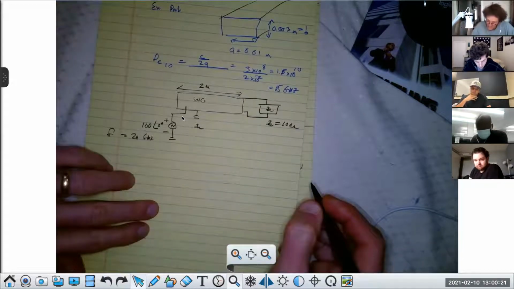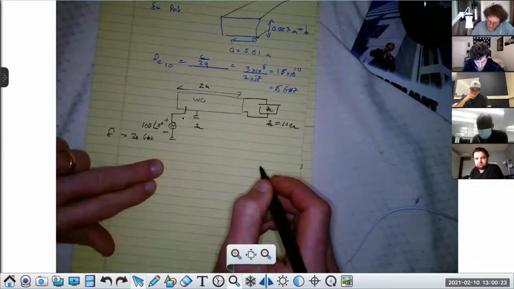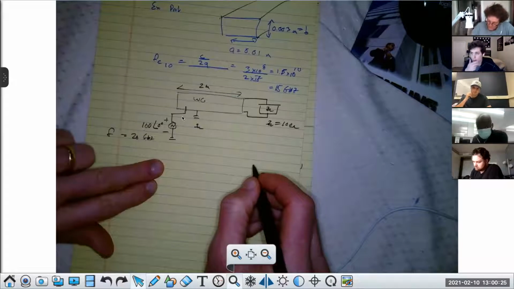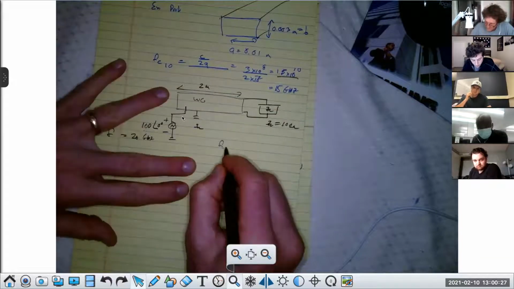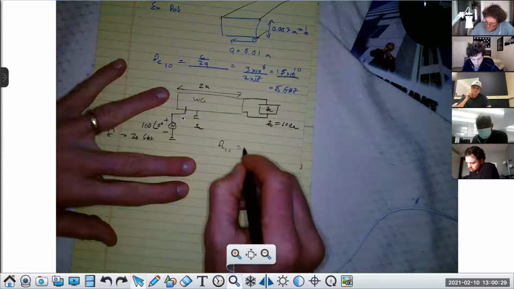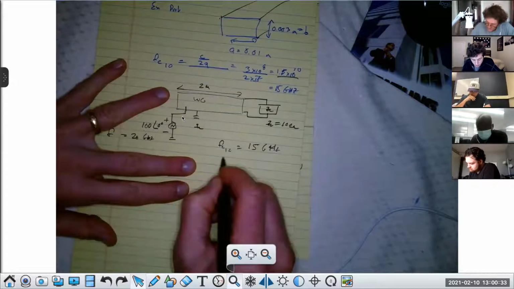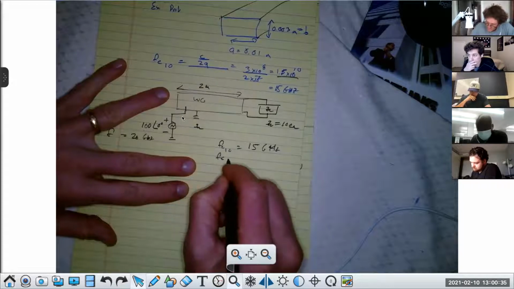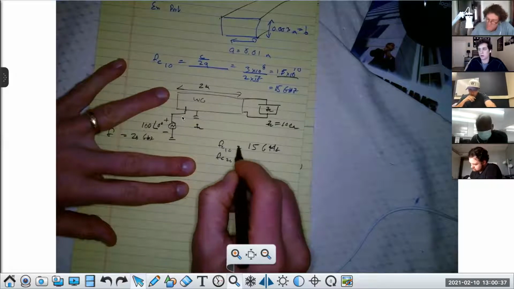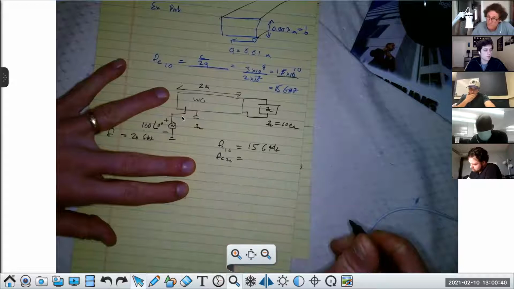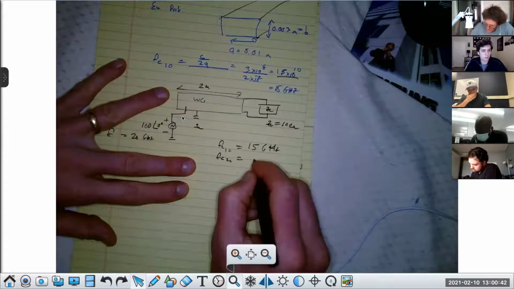First, I need to figure out the cutoff frequency, well, I did for the 1 mode. So I got the cutoff frequency FC10 would be 15 gigahertz. Somebody want to tell me what FC20 is? Anyone? Would it be 30 gigahertz? Absolutely twice that, right?